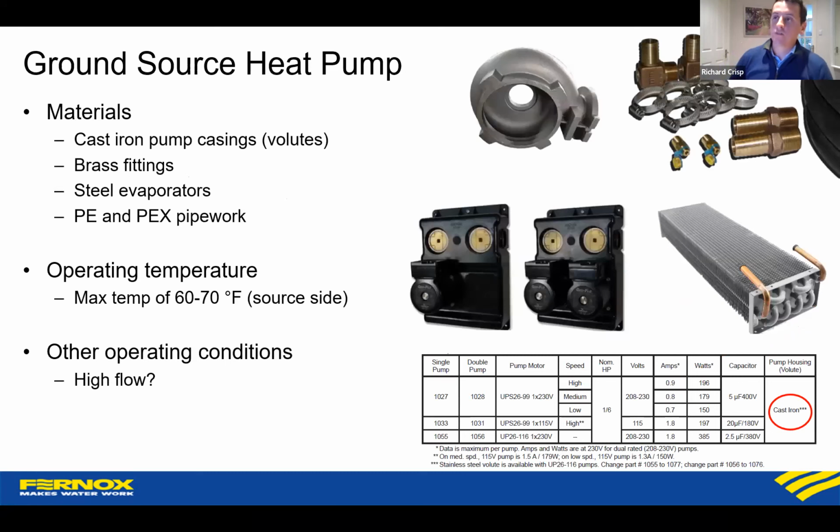So when we look at a ground source heat pump and the materials, obviously you will have a lot of polyethylene pipework, whether it's horizontal or vertical, whether it's in a lake or underground. But you will have several metallic components, and those metallic components will be essential components for the running of the system, and also for the efficiency.